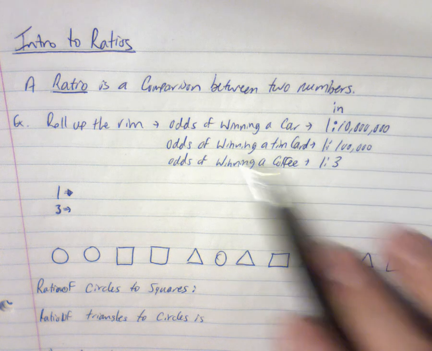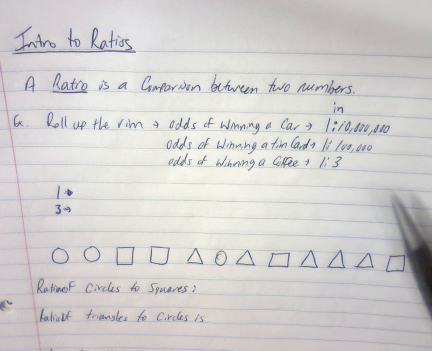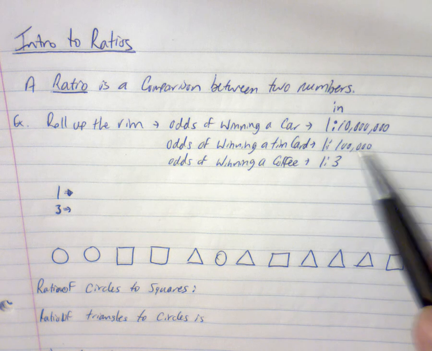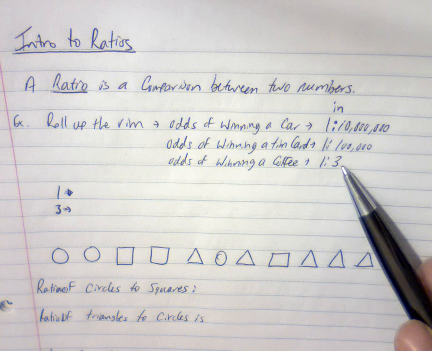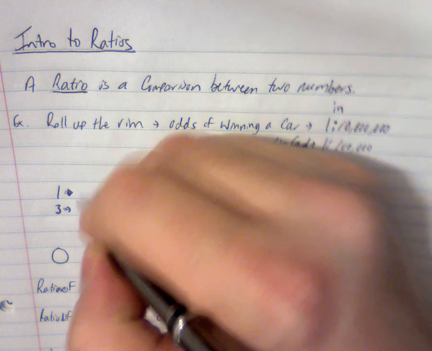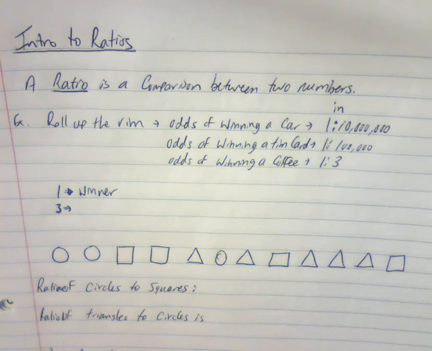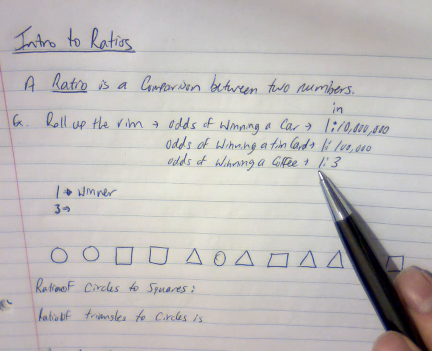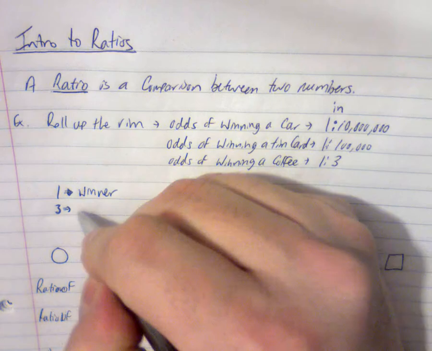The odds of winning a Tim card, which I think had $500 on it, is 1 in 100,000. And the odds of winning a coffee are 1 in 3. Well, what do these numbers mean? What the numbers mean is that there is 1, which is the winner, for every 3 cups of coffee sold.